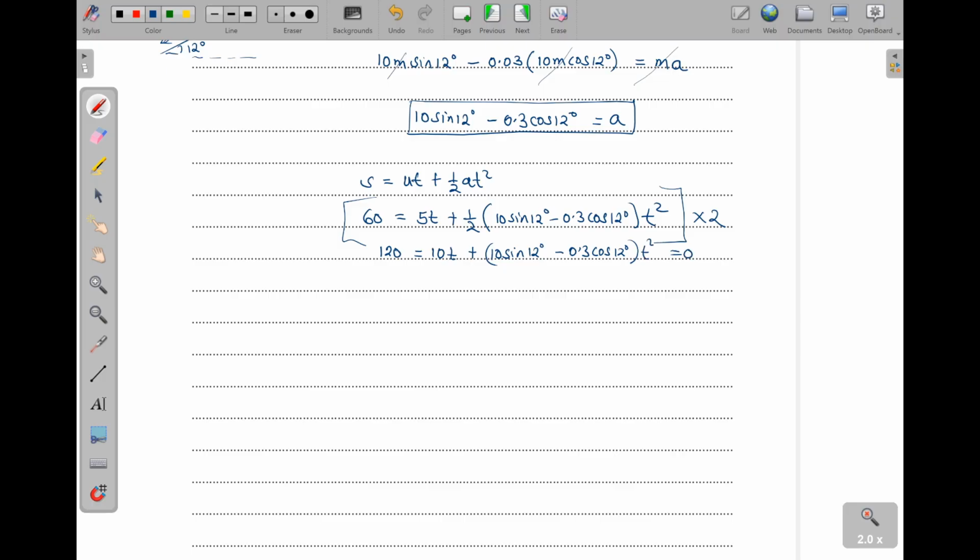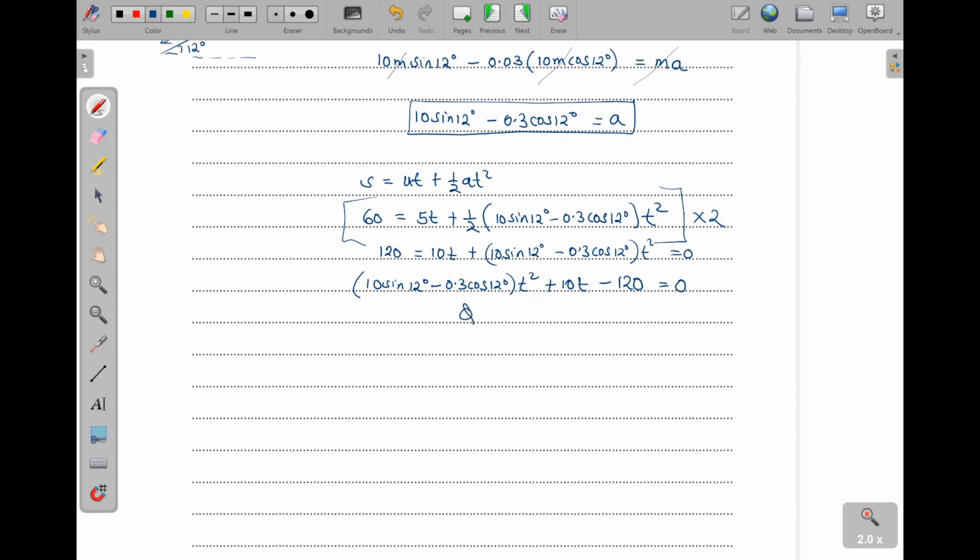In other words, let me rearrange it. I can have 10 sine of 12 minus 0.3 cos of 12, then t squared, plus 10t. Then when this one comes this side, it is a minus, so we shall have minus 120, which is equal to 0.